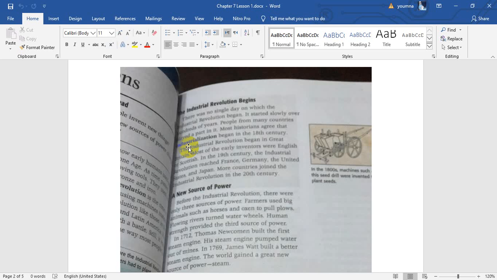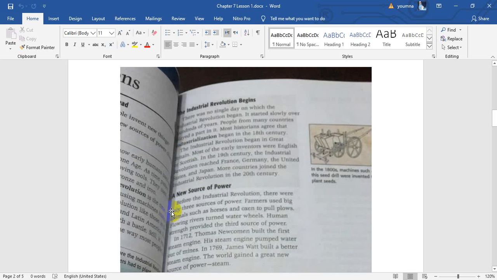So it started in Great Britain, then France, Germany, the United States, and Japan. More countries joined the Industrial Revolution in the 20th century. So it started from the 18th century and the 19th and till the 20th century.